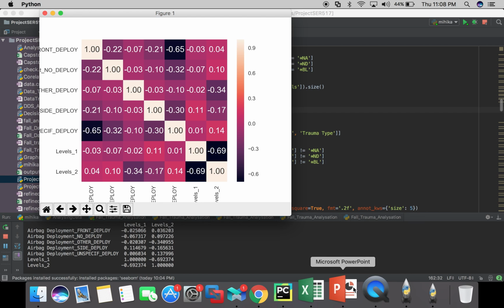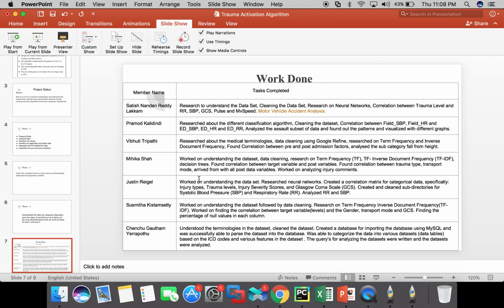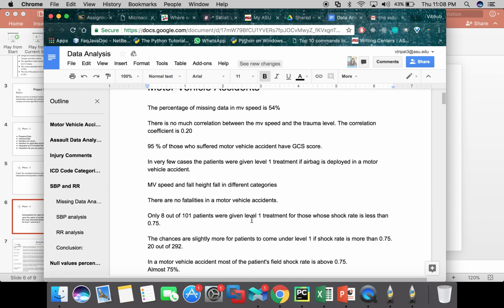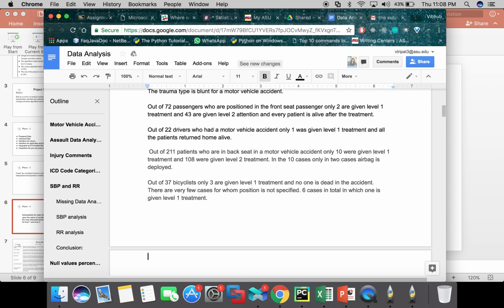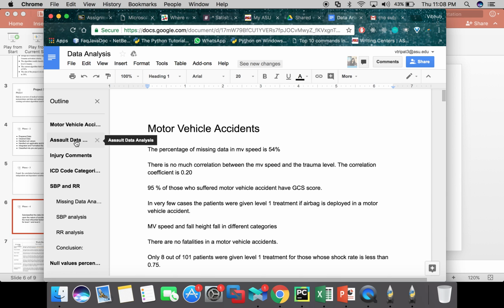Going back, we also classify the data into different subcategories depending on the accidents to find out what tends to cause them to be level 1 or level 2, and which fields are the most important. Here we have a fairly large report with different subcategories.